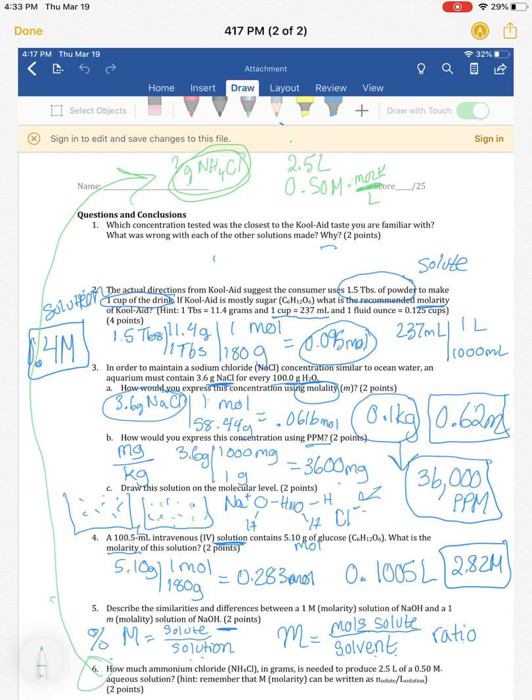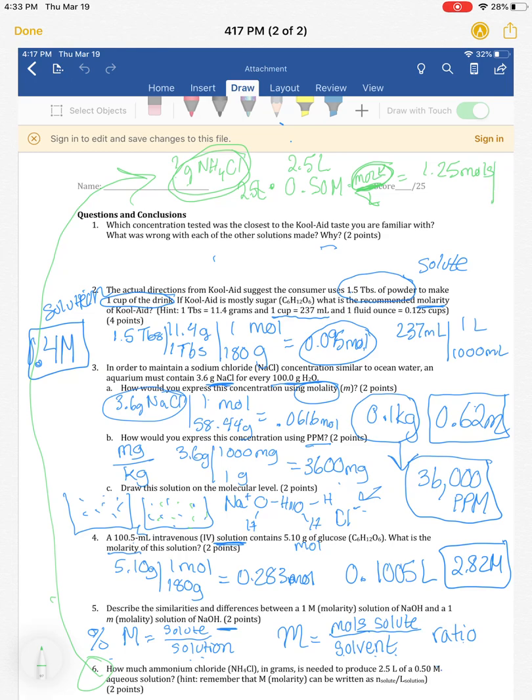And in order to do that, I need to multiply my molarity times my liters, 2.5 liters. And my liters cancel out, leaving me with moles. So when I do that, I get 1.25 moles of solute, my ammonium chloride.